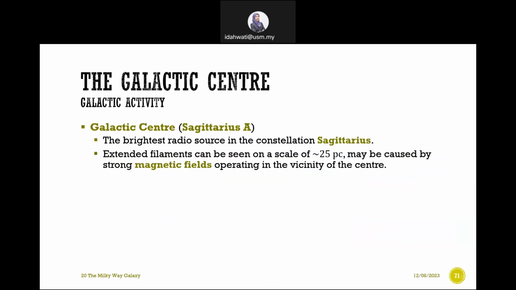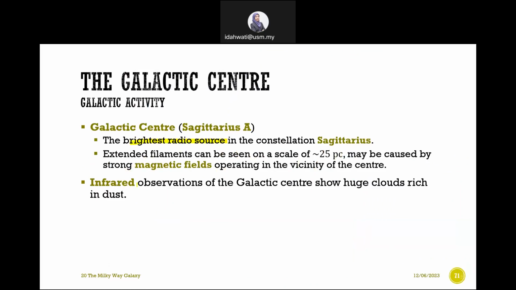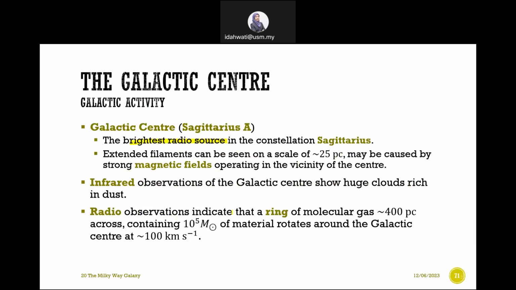The galactic center is the brightest radio source in the constellation Sagittarius. The extended filaments can be seen on a scale of this, and are caused by the strong magnetic field. Infrared observation of the galactic center shows a huge cloud rich in dust, and radio observation indicates a ring of molecular gas containing some of the material that rotates around the galactic center.